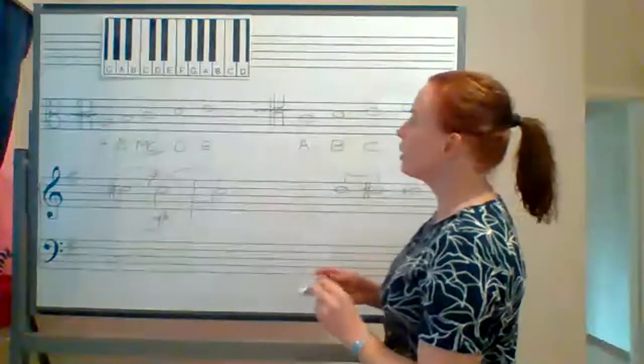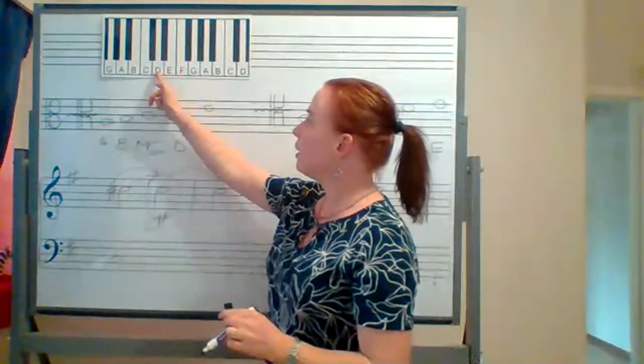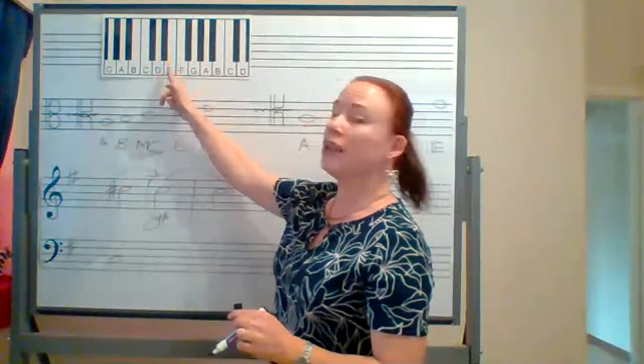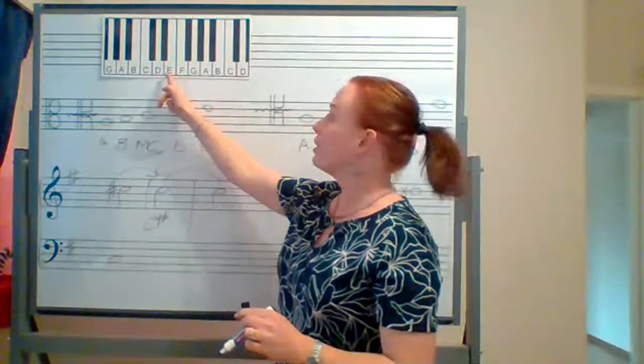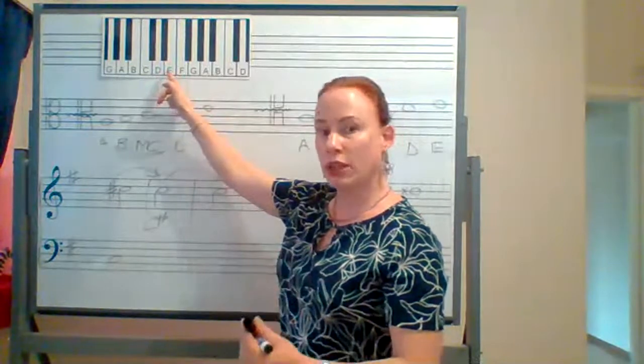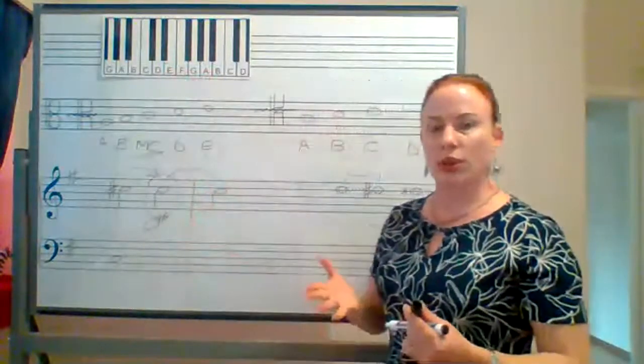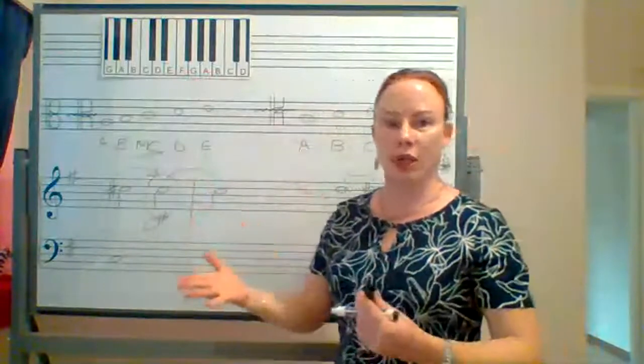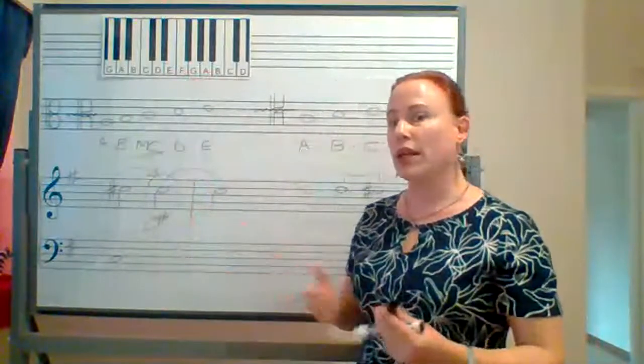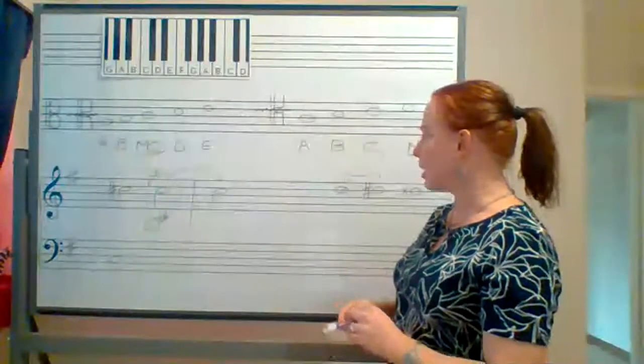Okay, so if we look at our piano, we have D, D sharp, D double sharp. So D double sharp is the enharmonic change for E. And likely they're going to ask you in the exam, give the enharmonic change for. Okay, so that is what's meant by enharmonic change.